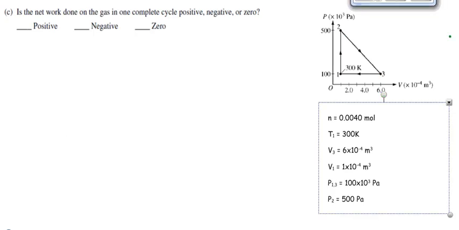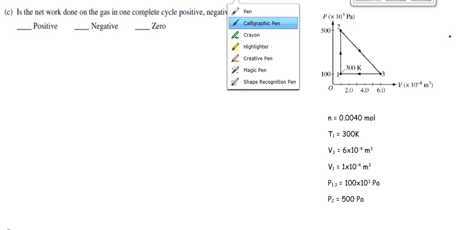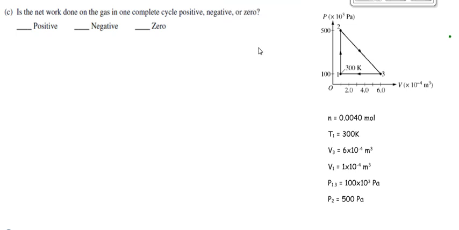The next part says, is the net work done on the gas in one cycle positive, negative, or 0? In this case, you've got two different areas. You've got the area under this curve, which goes all the way down, and that is going to the right.